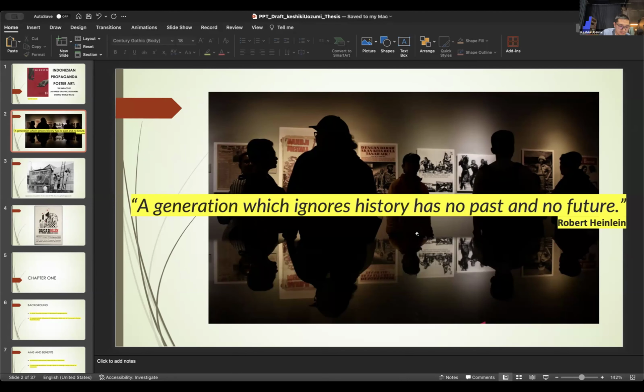For example, renaming the city of Batavia to Jakarta, or renaming the structure of the high schools from the previous Dutch HBS into what we know now as SMP, Sekolah Menengah Pertama.